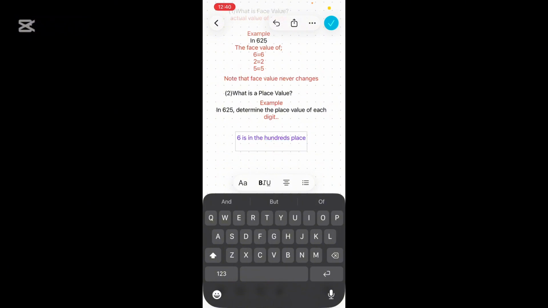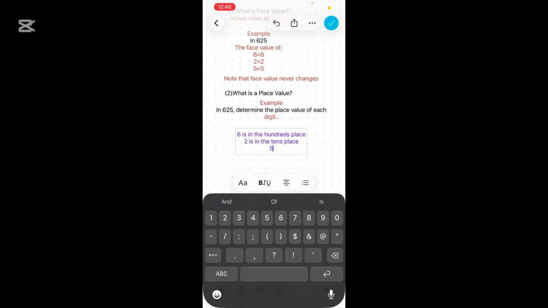Move to the next. 2 is in the tens place. And lastly, 5 is in the ones or units place.